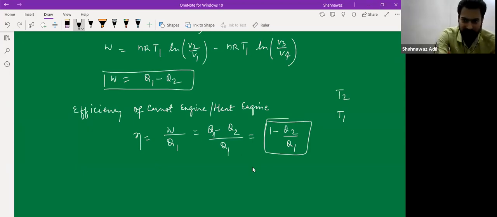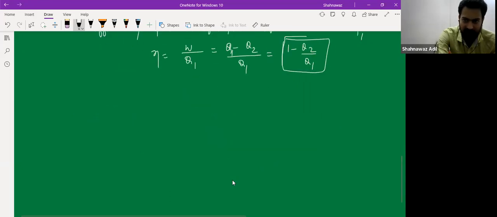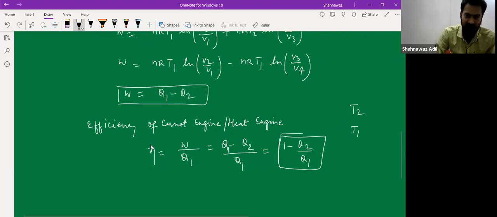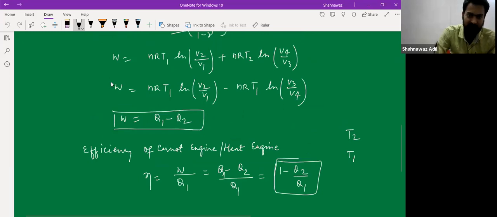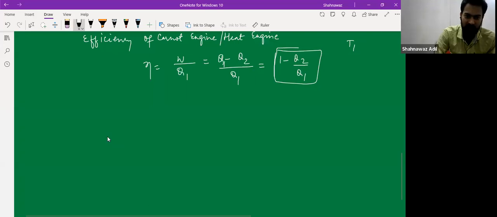So let us look at this equation. Let's say this is 1, right? W by Q1.